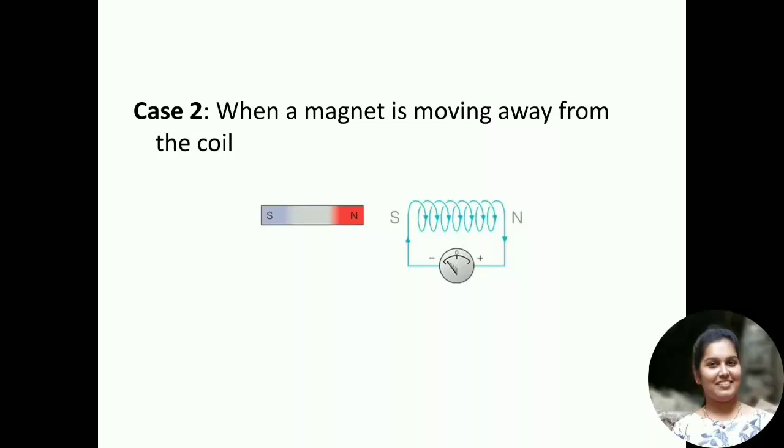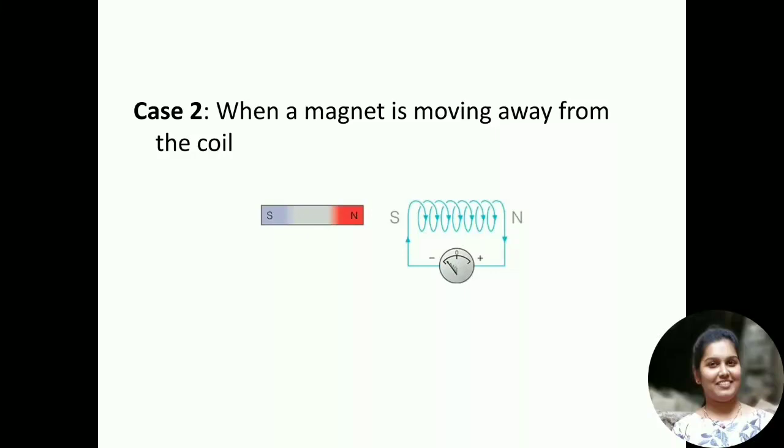Now, according to Lenz's law, this magnetic field created will oppose the decrease in the flux through the coil, and this is possible only if the approaching coil side attains south polarity. As we know, dissimilar poles attract each other.